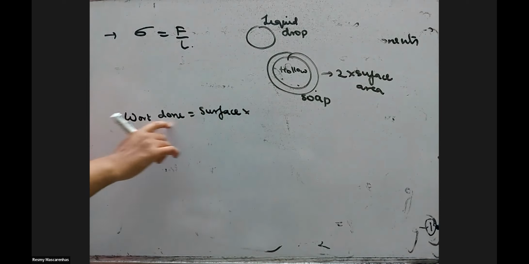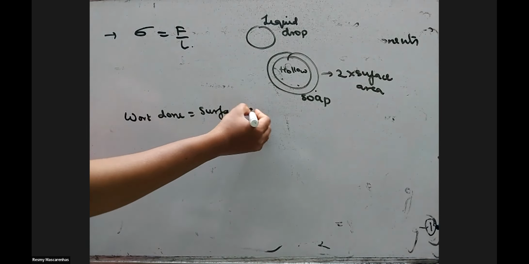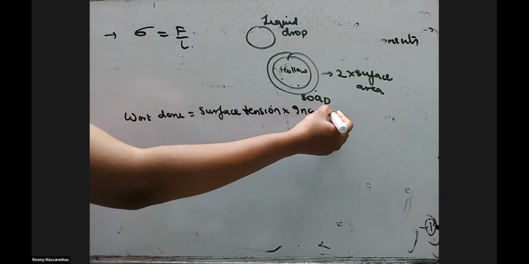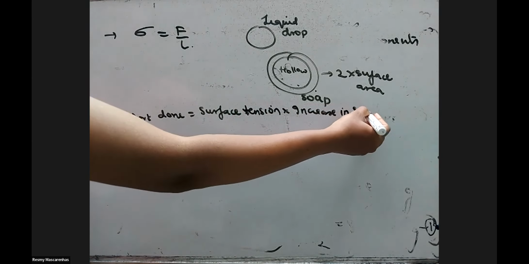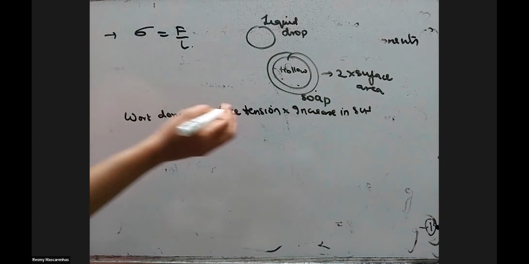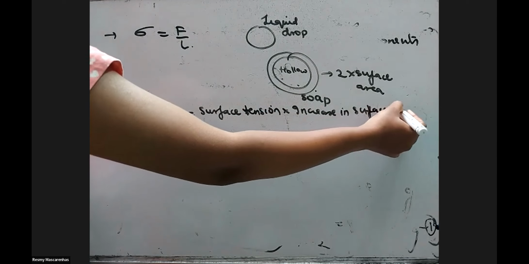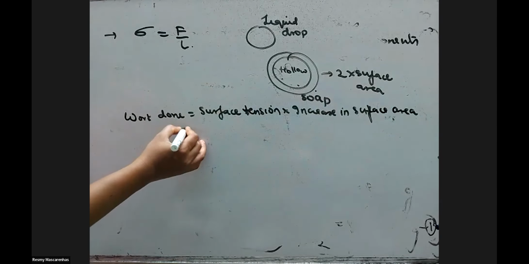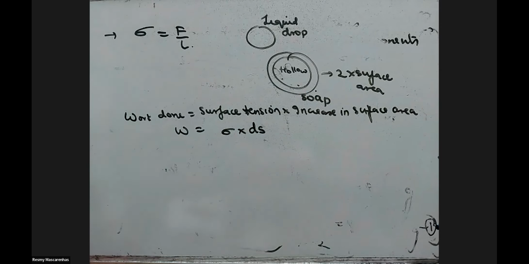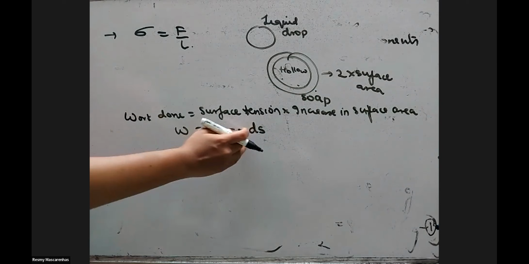Anytime you are asked to calculate work done, you have to use this formula. W is equal to surface tension into change in the surface area. This is the work done.